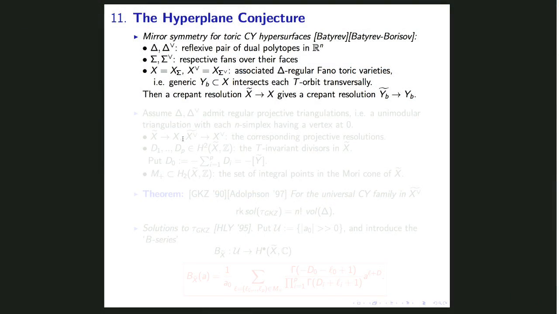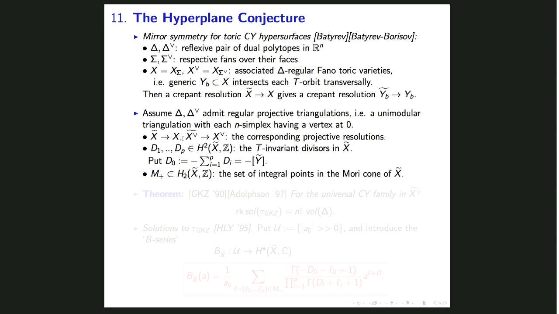So the upshot is that whenever you have a crepant resolution of this variety, it automatically gives for free a crepant resolution of a generic hypersurface inside of X. In other words, you do the resolution for the whole family all at the same time when you have this delta-regular condition.